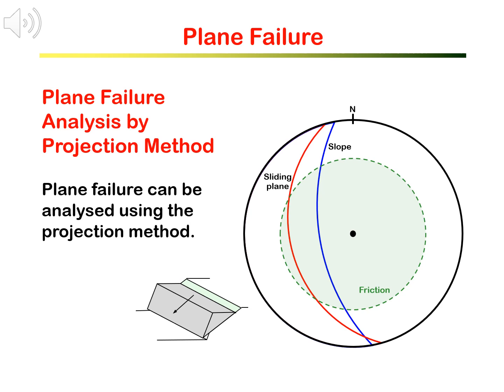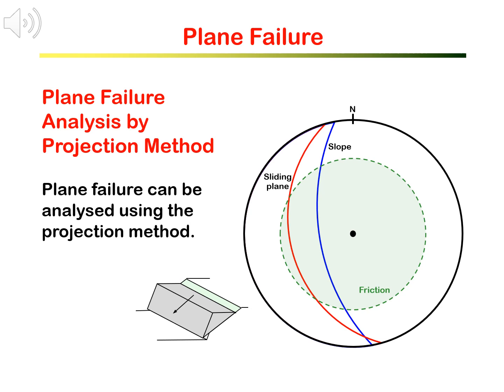The friction angle of the sliding plane, shown in green, is smaller than the dip angle of the sliding plane. This means the sliding angle is greater than the friction angle, and therefore sliding will occur.